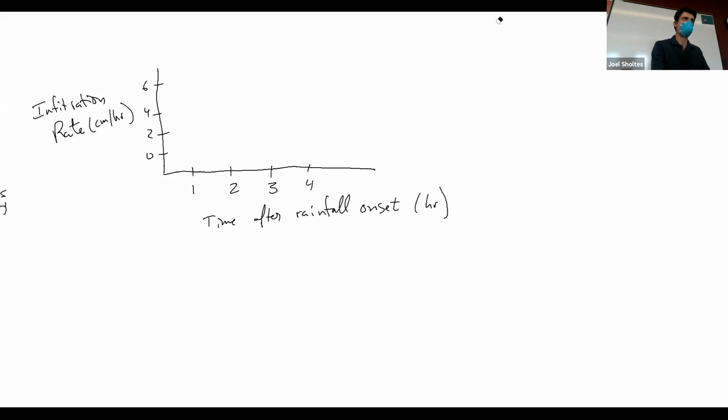Okay, let's look at another example. This would be for, we'll call it land use. And then we could say it'll be kind of similar lines, but maybe this would be a forested watershed.